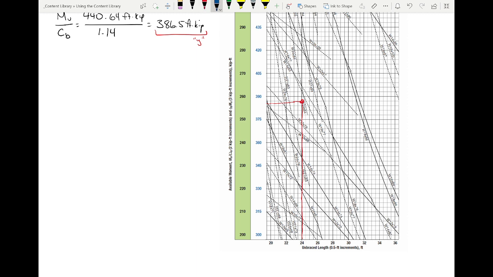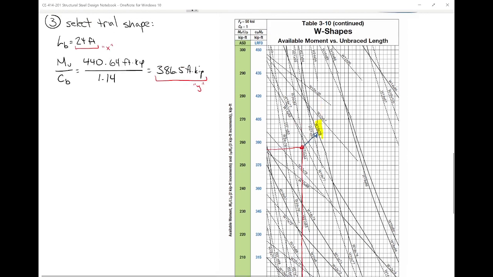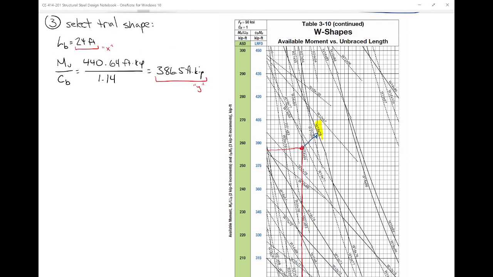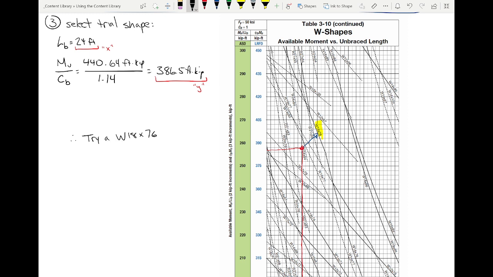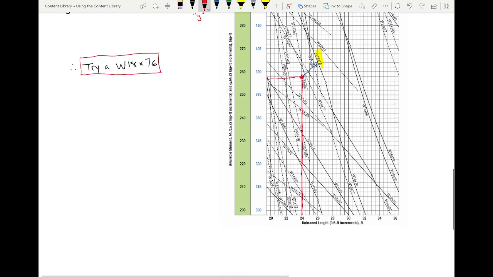And so we go up and to the right, and there's the first section that we find, the W18/76. So is everybody okay with that? With finding that? See, this isn't that bad, is it? Once you know how to navigate it, it's really not that bad. So we're going to say try a W18/76. Okay? All right, we're going to try that.